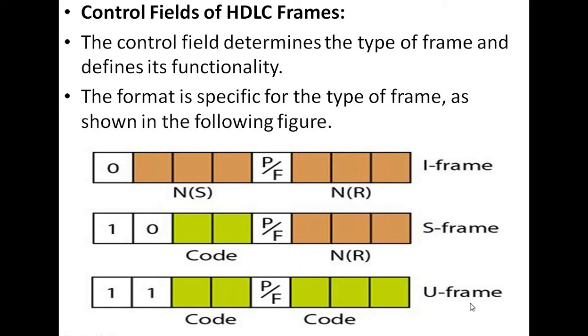And the last one is the U frame, which has 2 groups of code subfield. The first group is 2 bits and the last group is 3 bits. In total there are 5 code subfield bits, and these can be used to create up to 32 different types of U frames.